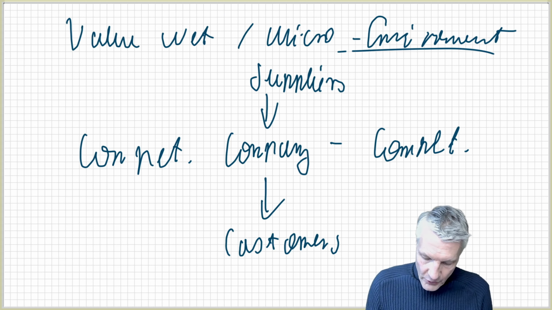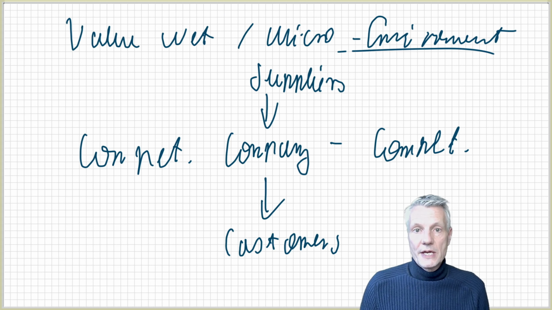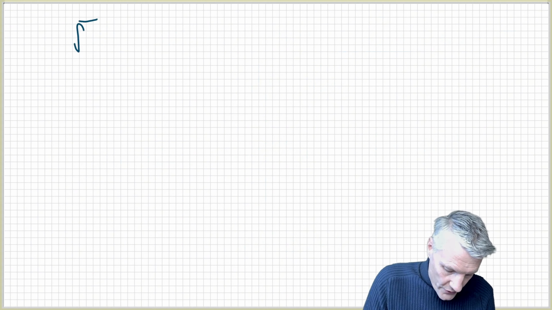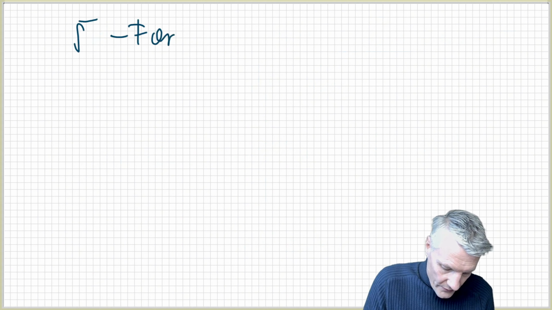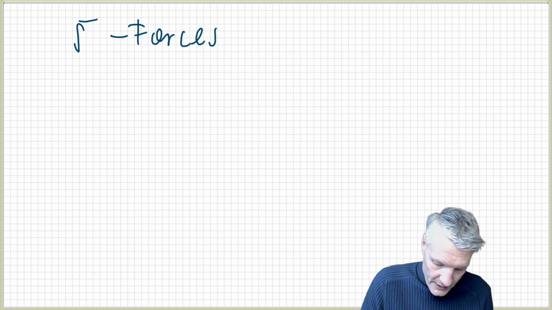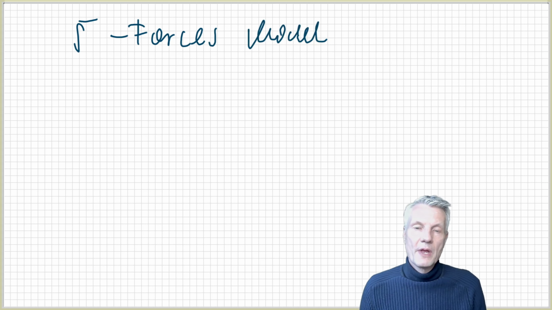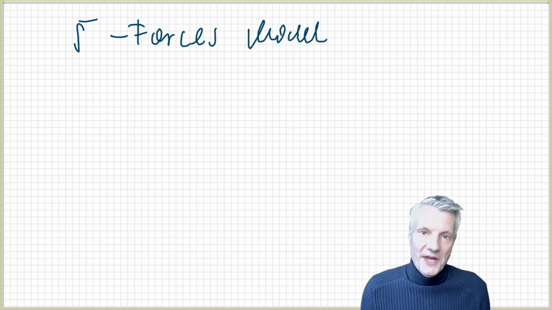Now, the microenvironment we can assess using a tool which is called the 5 forces analysis from Harvard professor Michael Porter. The 5 forces model is comprised, like the name is indicating, of 5 forces.